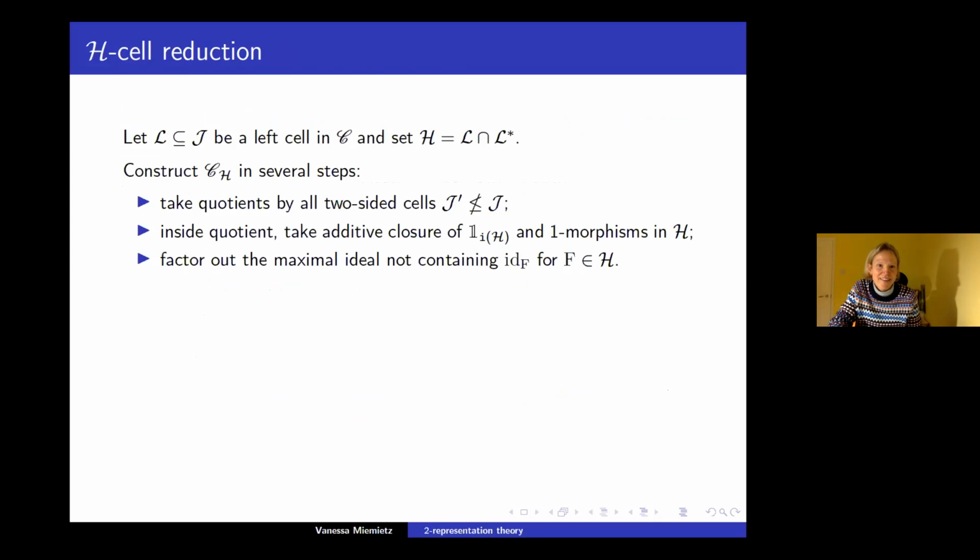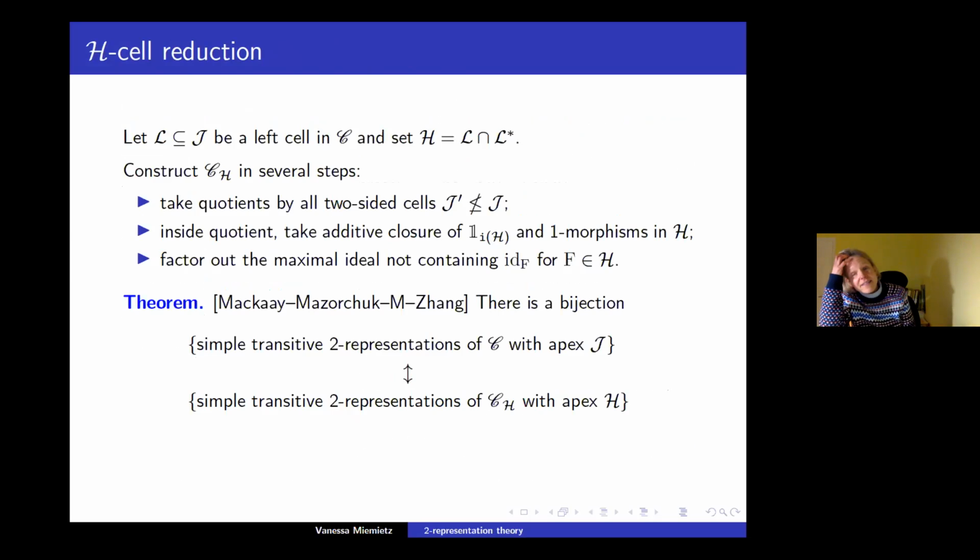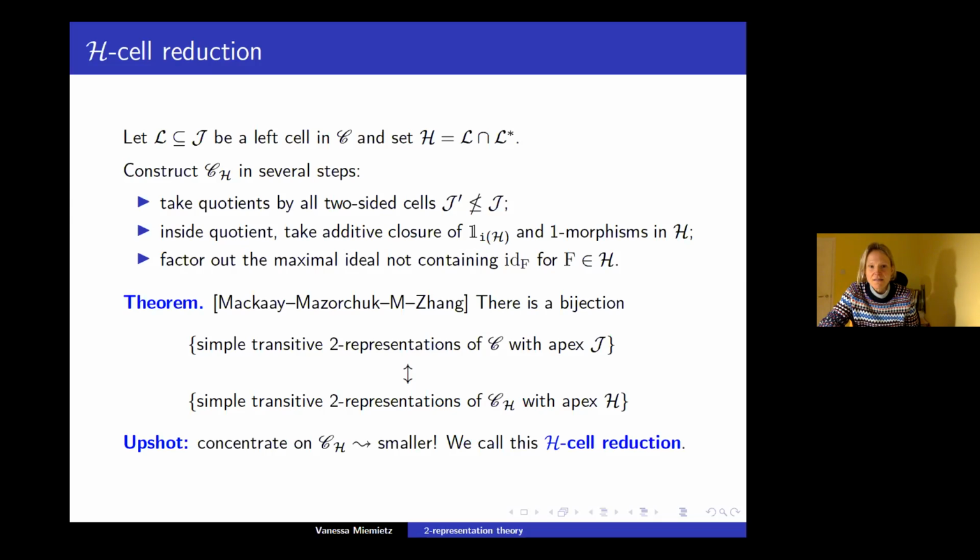The reason why this is important is that we get a bijection between the simple transitive 2-representations which have apex J, those were the ones we were interested in, and the simple transitive 2-representations of this much smaller 2-category, which have apex H. This is a vast reduction because we can concentrate on much smaller 2-categories with a very simple cell structure, because CH will only have at most 2 cells, namely H and possibly the identity if it isn't in H. And so we call that the H cell reduction.